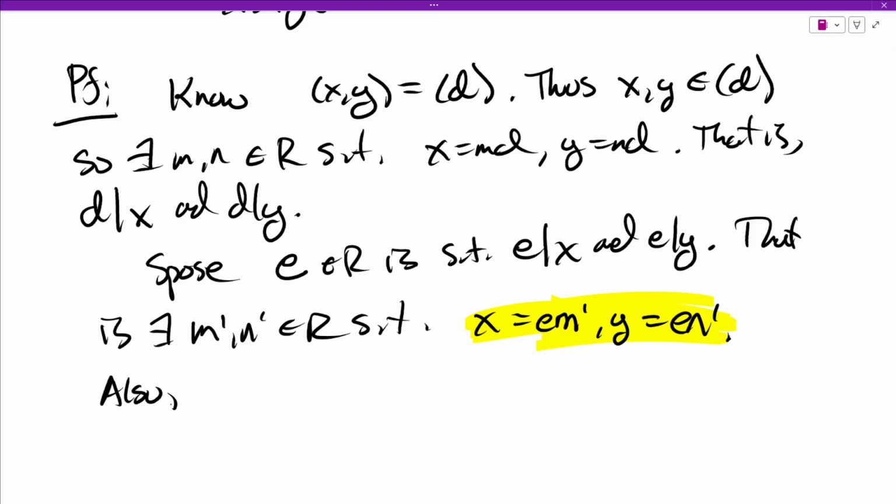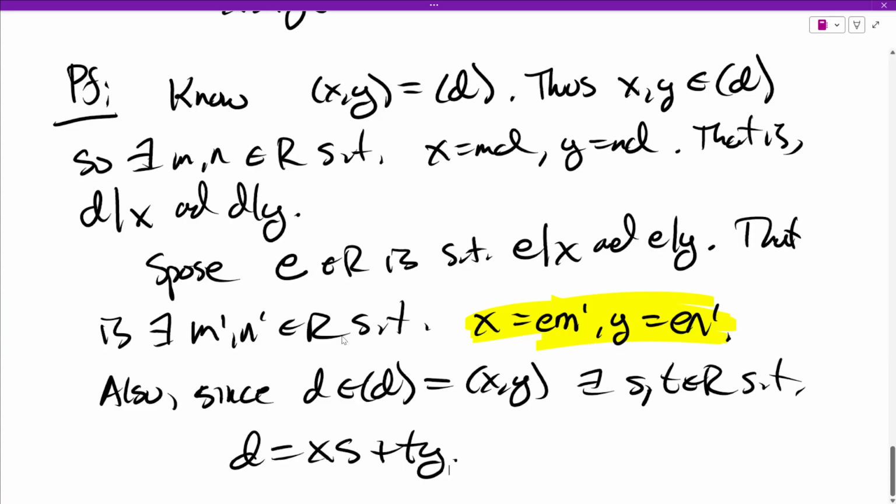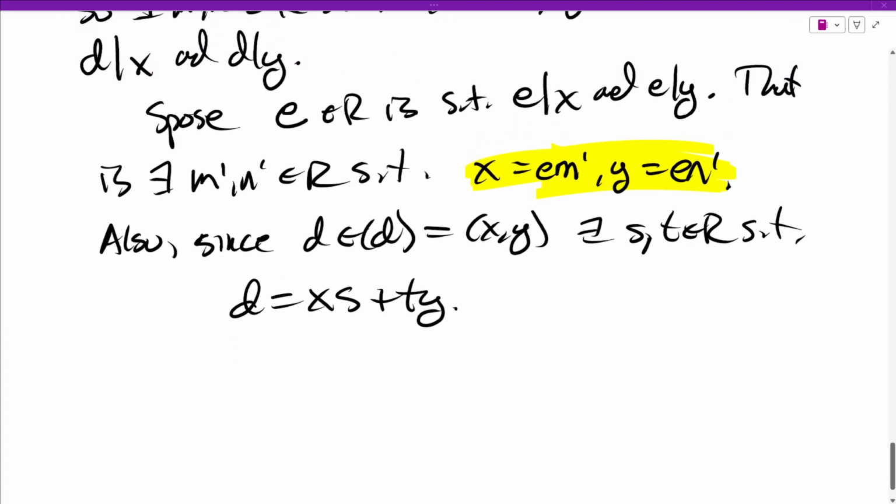Also, since d is in the ideal generated by d, and that's the ideal generated by x and y, there exist some s and t in R such that d is xs plus ty. And those are our Bezout coefficients. Now that we have these Bezout coefficients, we're going to plug in what x and y are.